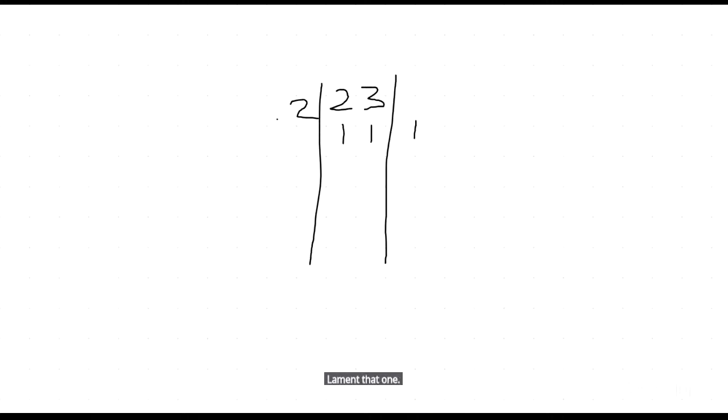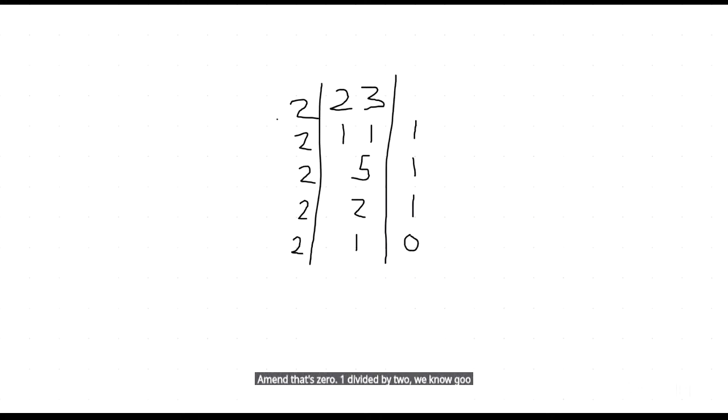11 divided by 2 will give you 5, remainder 1. 5 divided by 2 will give you 2, remainder 1. 2 divided by 2 will give you 1, remainder 0. 1 divided by 2 will not go, so 0, remainder 1.